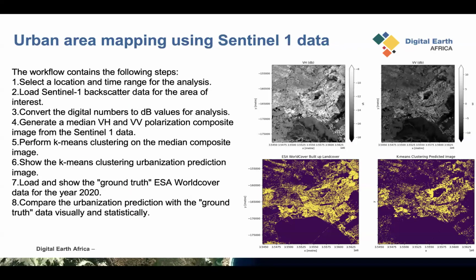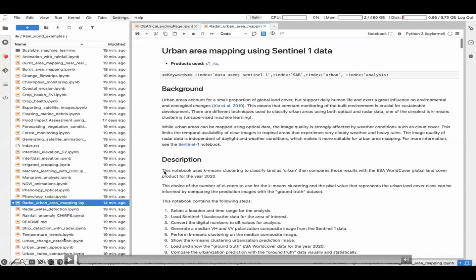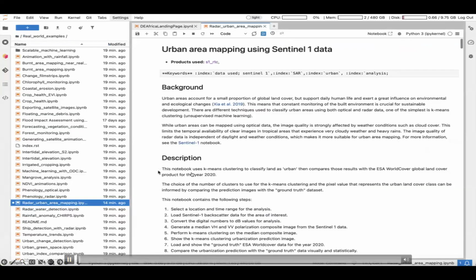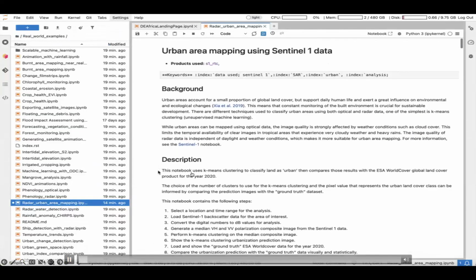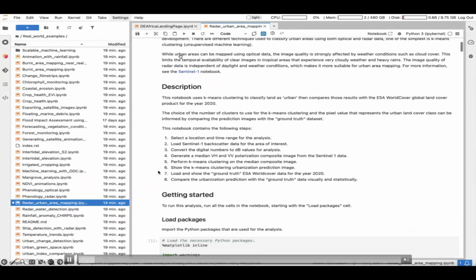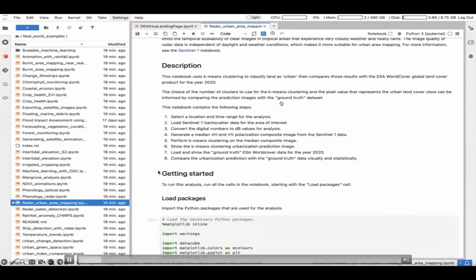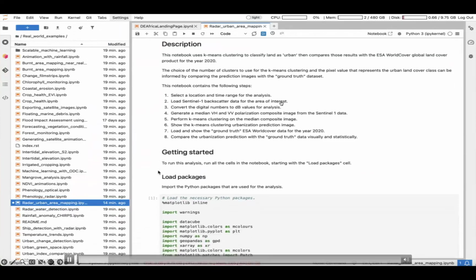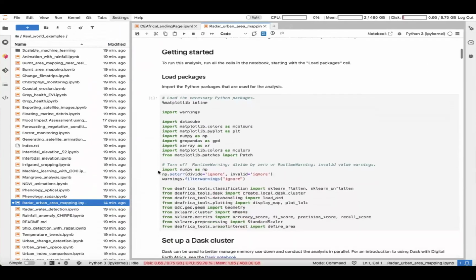It's also of interest in the continent to see how we can add in Sentinel-1 data from the European Space Agency. With this one, we're able to provide an example where, in your real-world example, we have a notebook called Radar Urban Area Mapping. Here we're able to provide just a snapshot of what is possible.